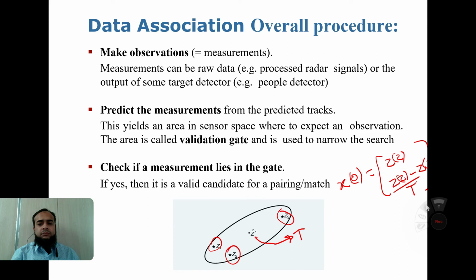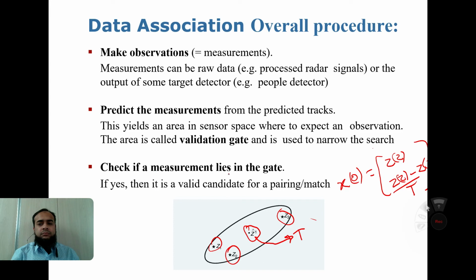So the first step is to make an observation, the raw data, and from the raw data predict the measurement from the predicted track, that is Z1 with the upper cap, and develop a validation gate, which is used to narrow the search, because in the search area there are plenty of other measurements.